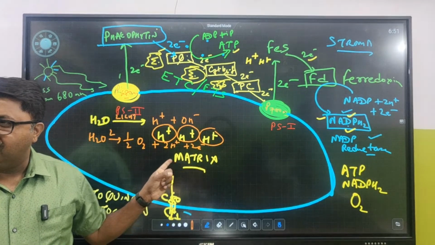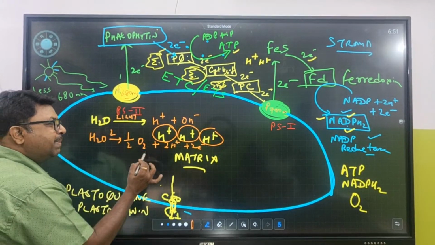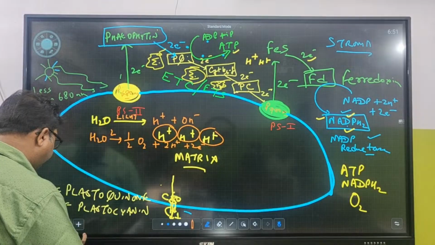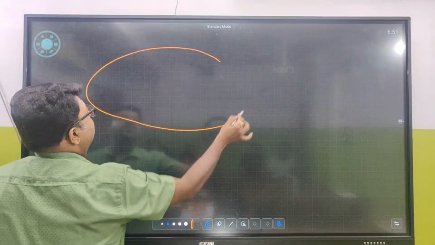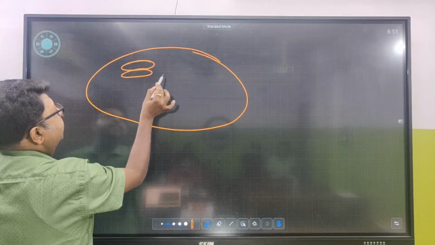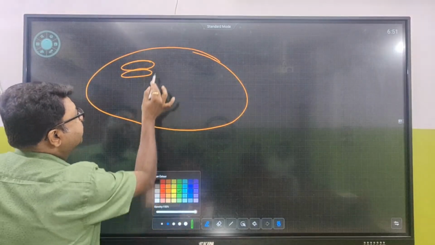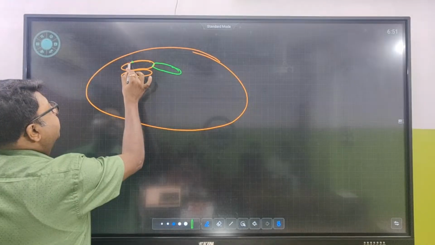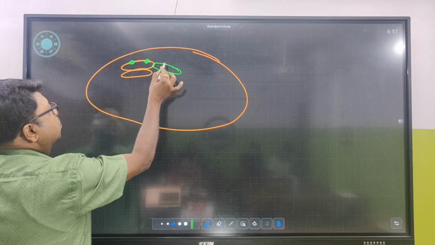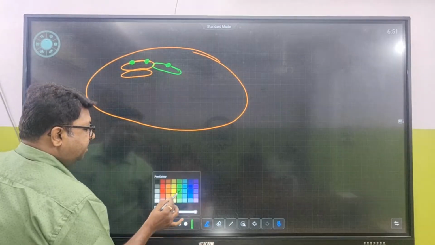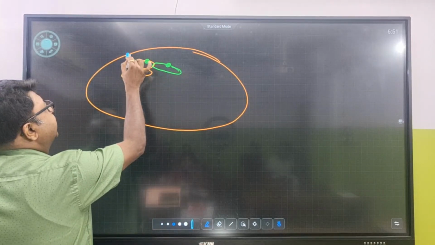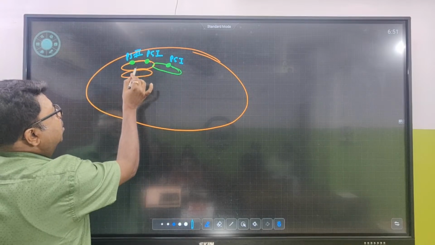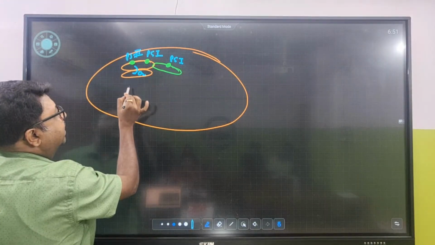Clear? Now O2 is being released. This O2 comes over here, at the stromal level. So this is PS2, PS1, and the oxygen comes over here.